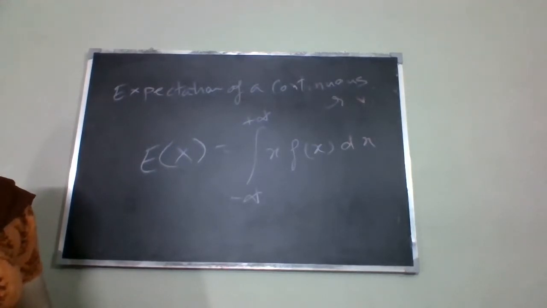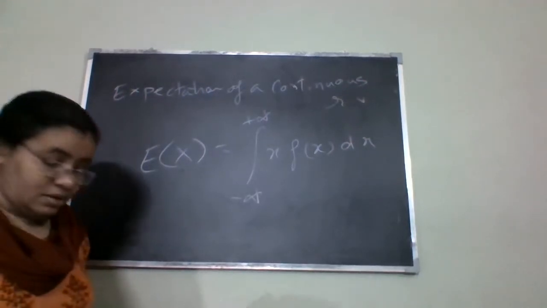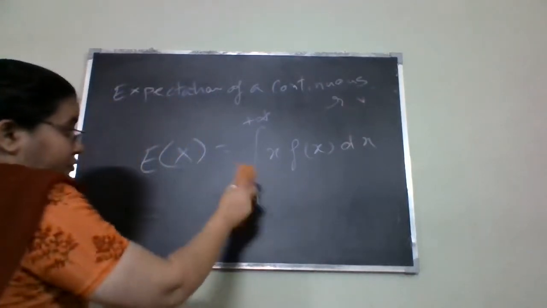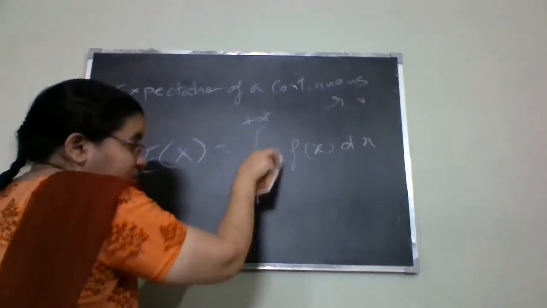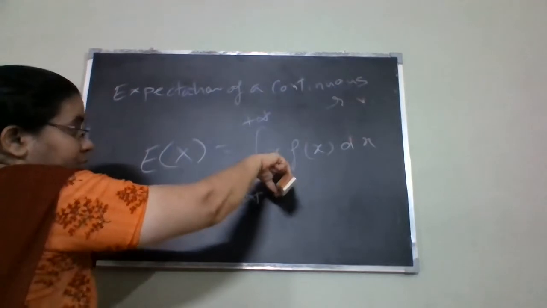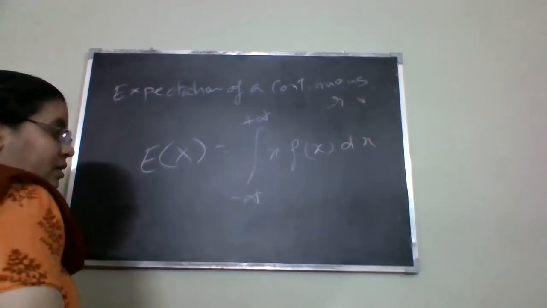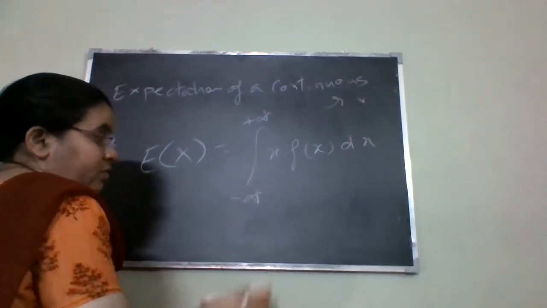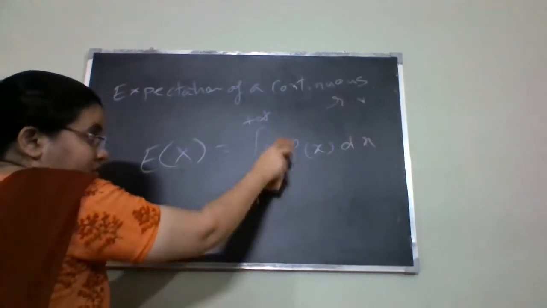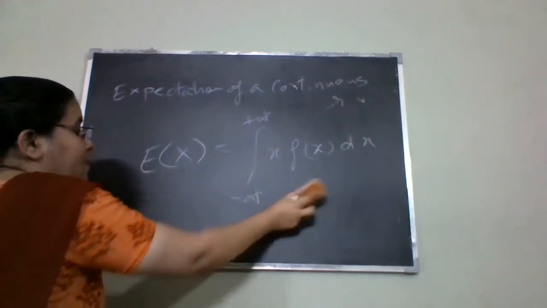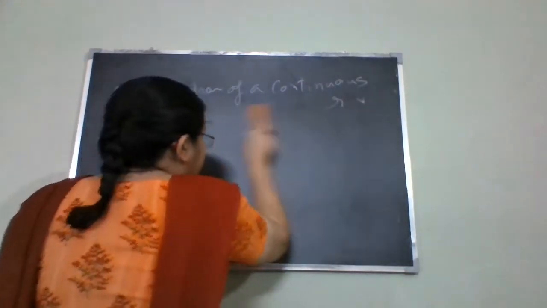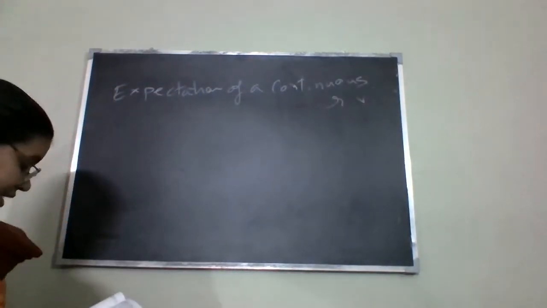Similarly, the mean of a function of the random variable capital X will be denoted as follows. Say instead of small x you have another function over here. This function and that function will be different: this function is the probability density function, and instead of x you have a function of x. So how will you deal with that situation? Page number 197.